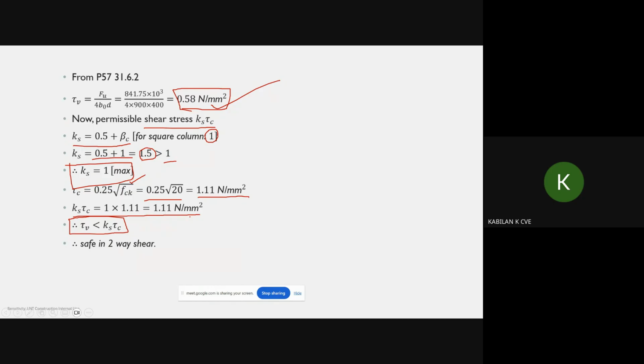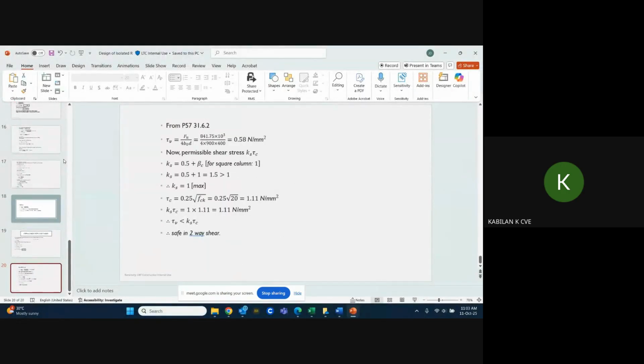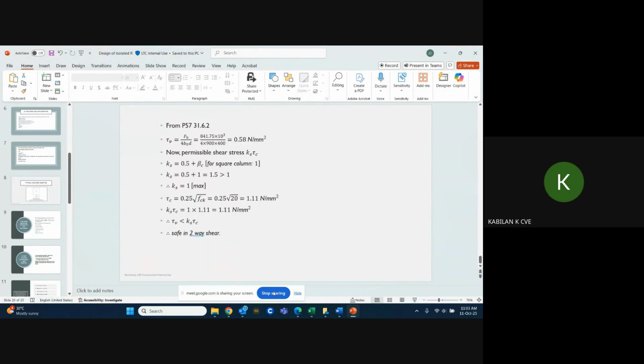Ma'am, what about the reinforcement diagram of the isolated column? Okay, I will draw the reinforcement diagram and share it as a photo with Satya ma'am, because doing the entire thing and showing you the detailing now, I don't know if it is possible.